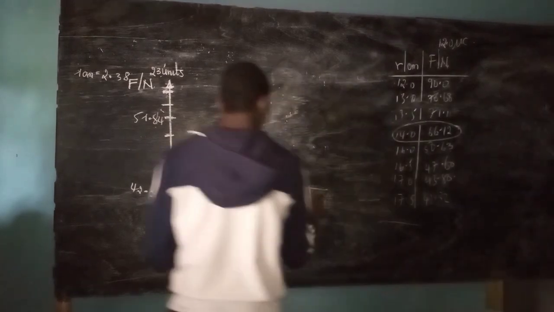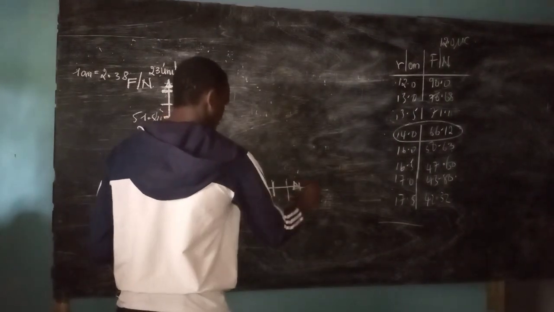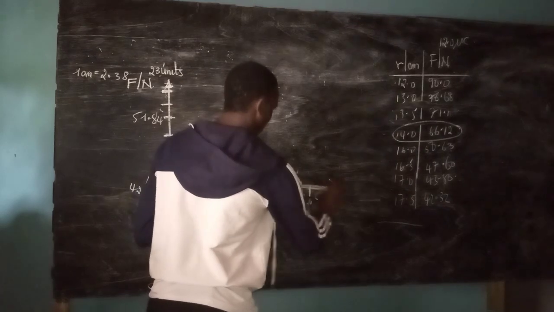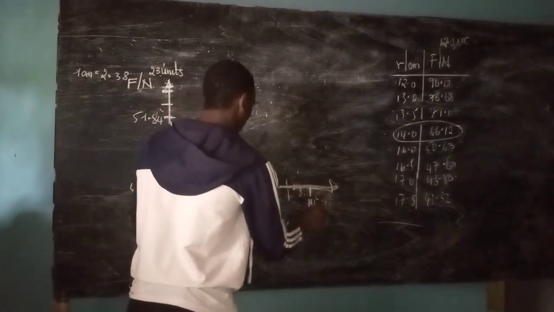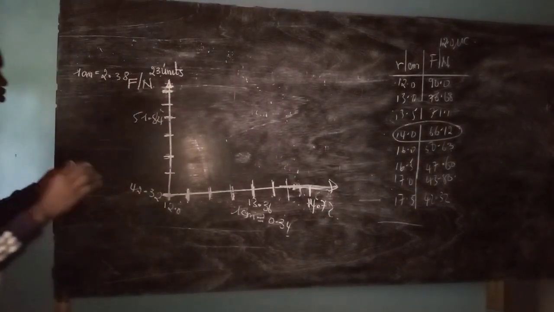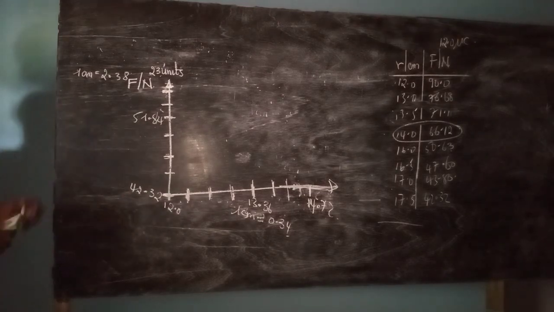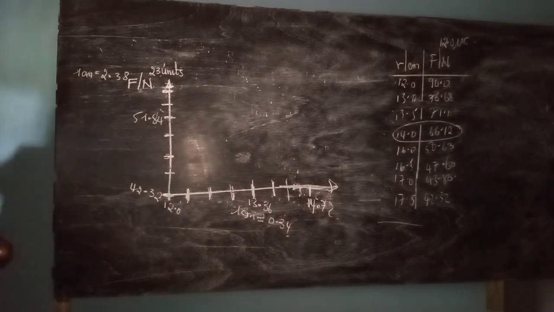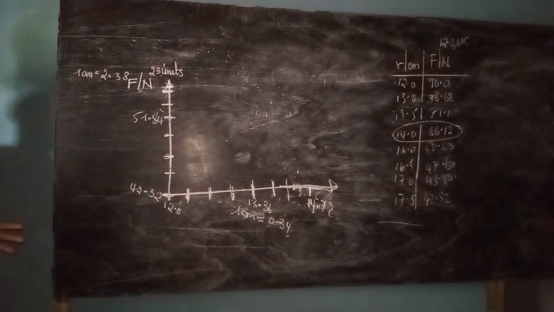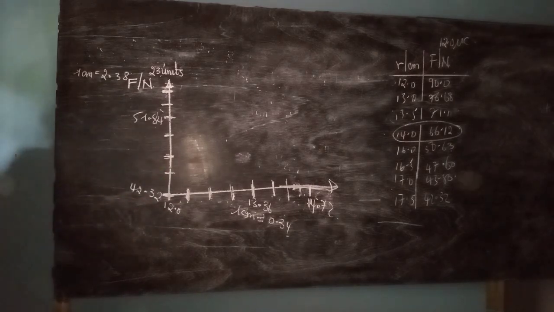So I have here number 1, 2, 3, 4. Let me extend this. 14.72. This is just to show you how you can plot a point using your scale. Look at it. Observe. This is how I do my plotting.